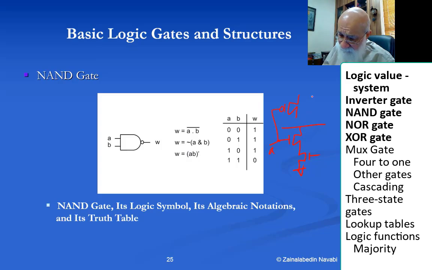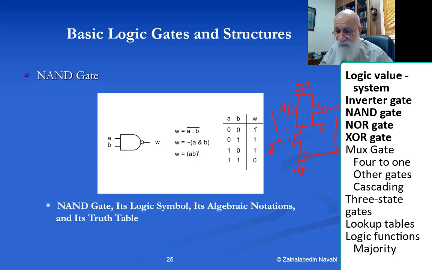This is A input. This is B input. This is the supply, W. Okay, and that's a NAND gate. The lower part conducts if both A and B are 1, and then when it conducts, the output is 0.